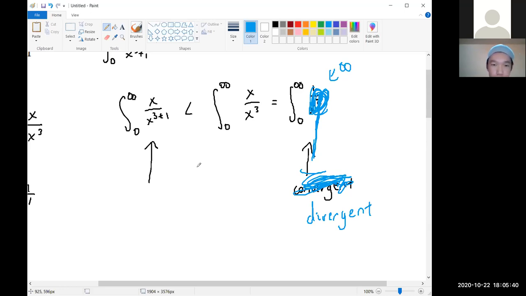Wouldn't we say it's still divergent since it's less? Maybe. Can't it also be a finite number because it's less? Maybe we could use the p-value to determine if it converges or diverges.